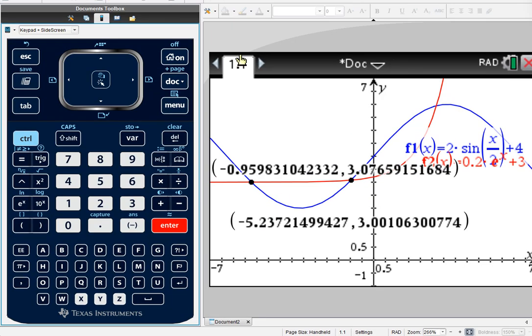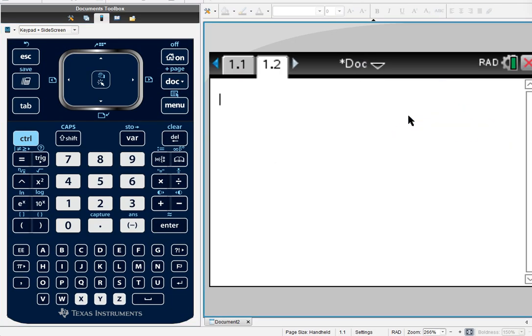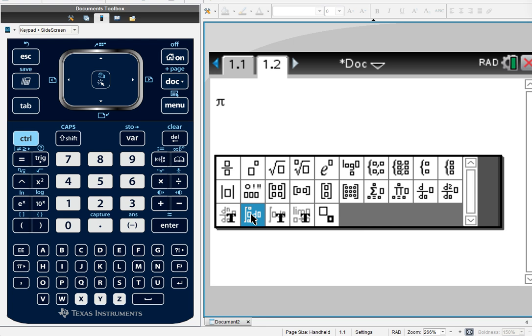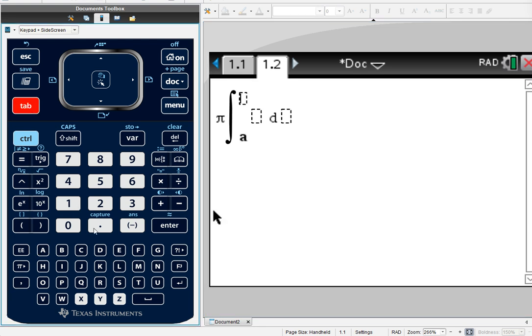So on the Inspire, doc, insert calculator, and pi is on the pi button right here. And then integral is right next to the 9, use the definite integral. And then we go from A to C, and then open parentheses.